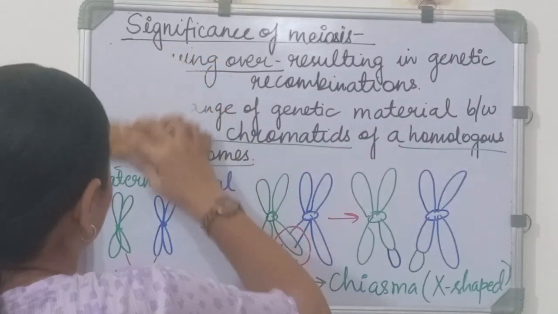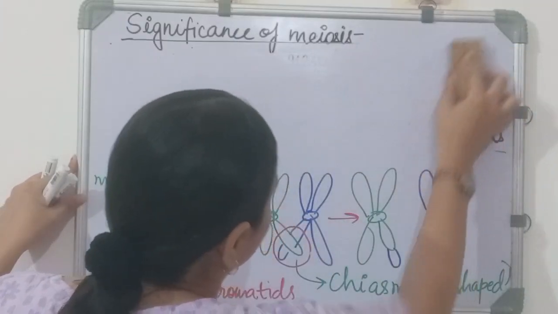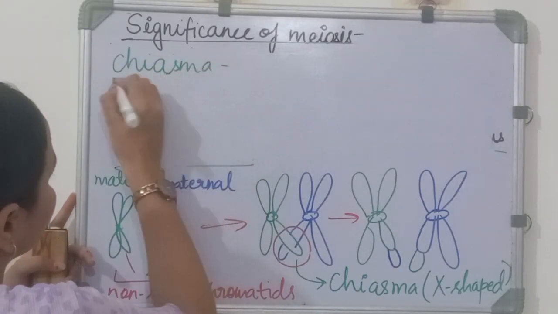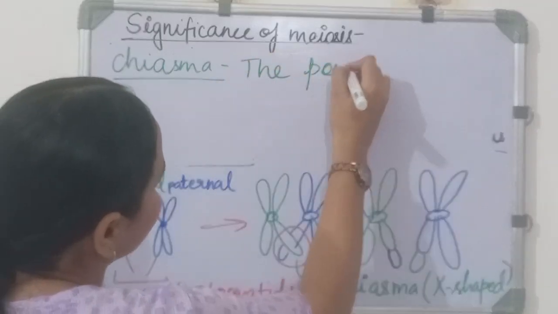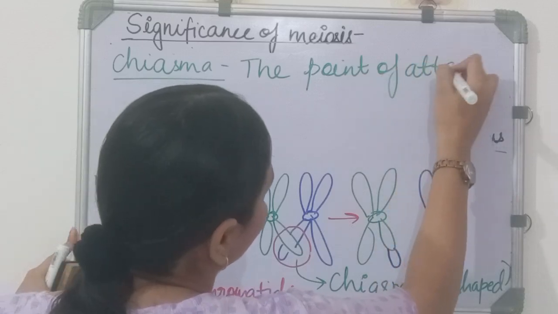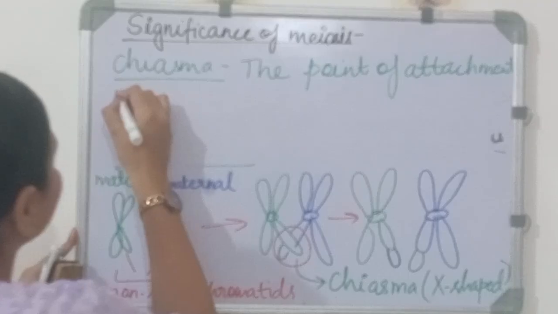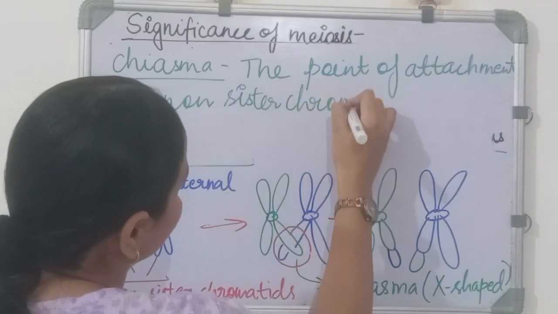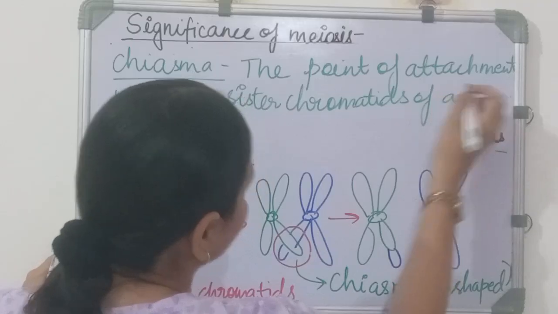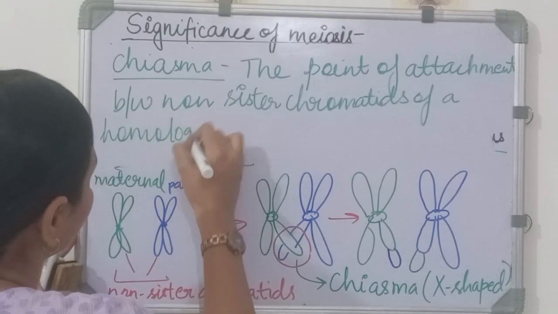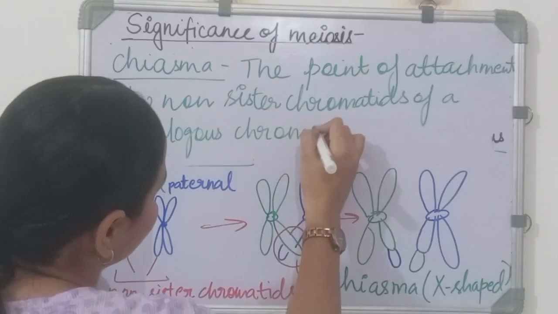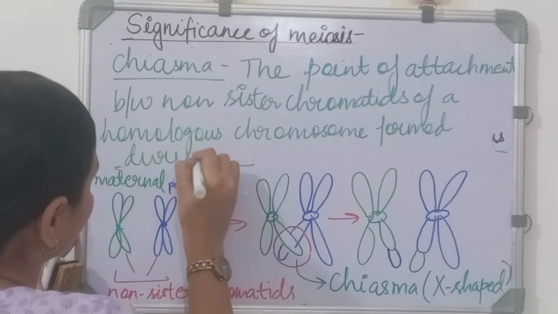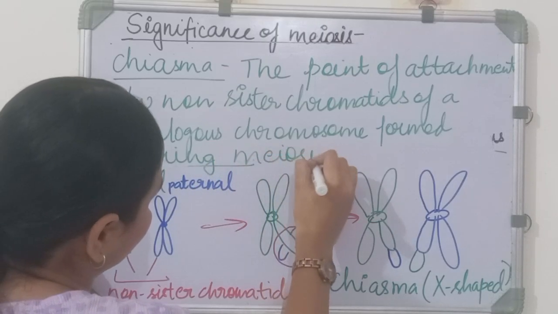So what is chiasma? The point of attachment between non-sister chromatids of a homologous chromosome formed during meiosis is called chiasma.